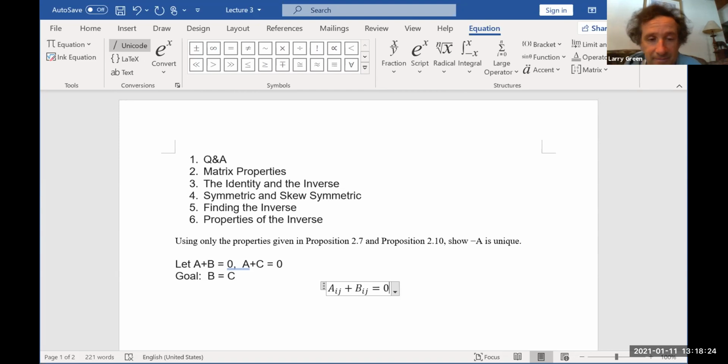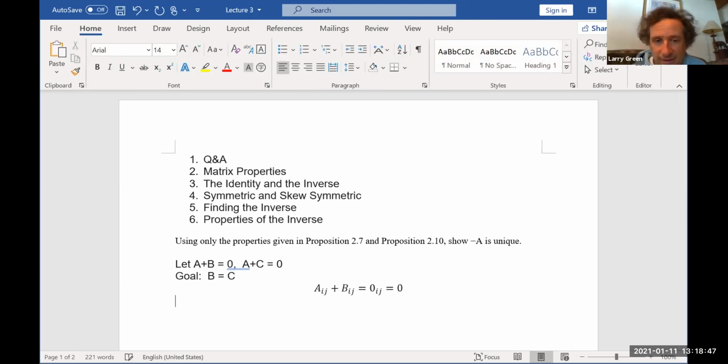Do you agree? Because 0 is the 0 matrix, it means the ijth component, 0 sub ij, is 0. Notice the first 0 here is the 0 matrix. The second 0 here is the 0 number. So it's a little confusing.